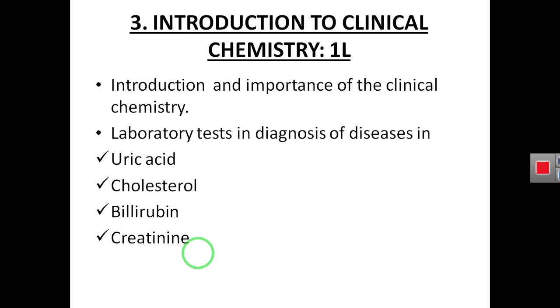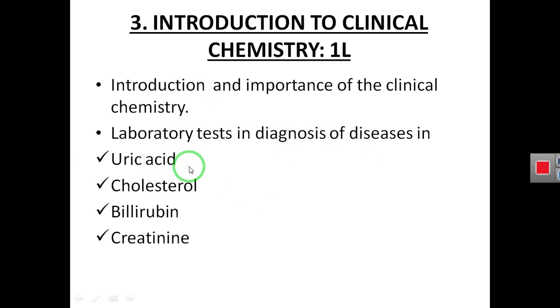And then this was part two of the course, and in part three of the course, the third part, we will be discussing clinical chemistry, meaning different tests that we use for the detection of different chemicals in our body. Under this part we would be studying the introduction and importance of clinical chemistry, and we will be studying different laboratory tests that are used in the diagnosis of diseases.